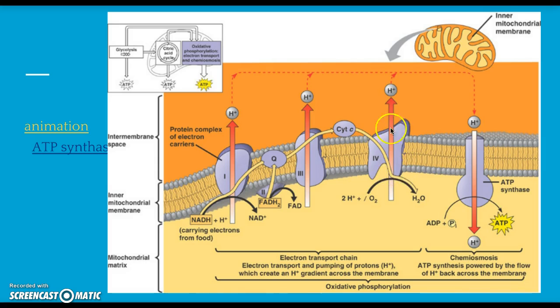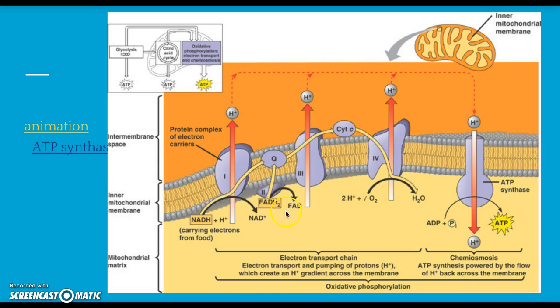So meanwhile, there are all these hydrogen ions in the inner membrane space. And eventually, when there are more hydrogen ions in here than out of here, those hydrogen ions burst to move out through ATP synthase and generate the production of ATP.